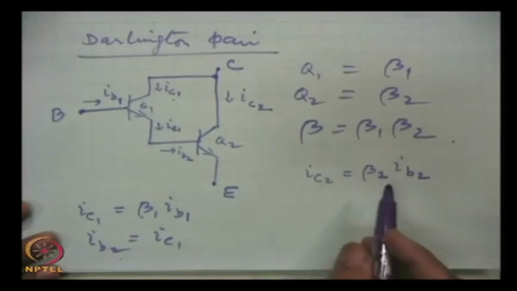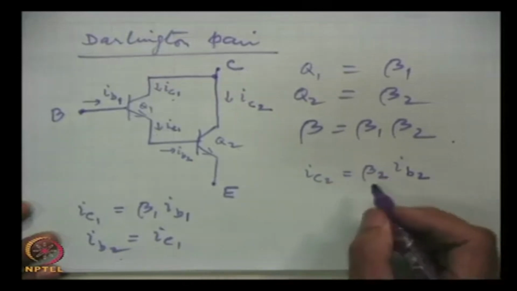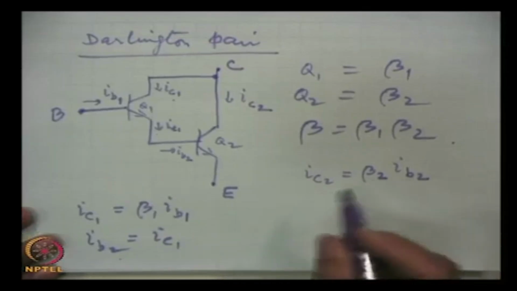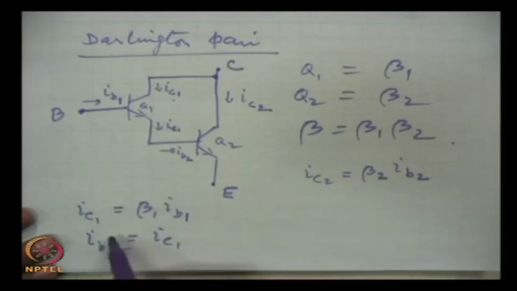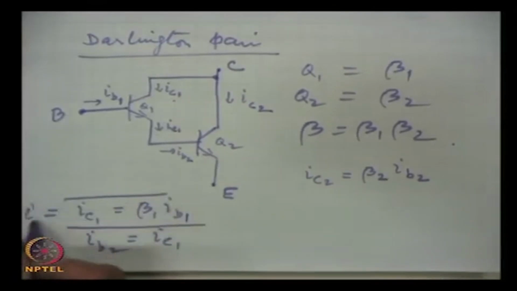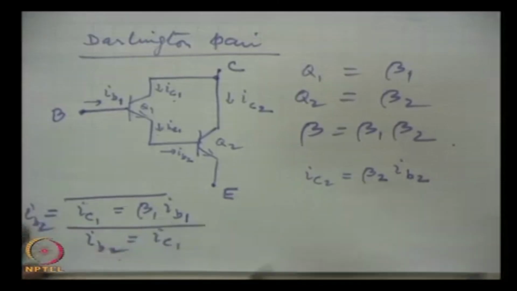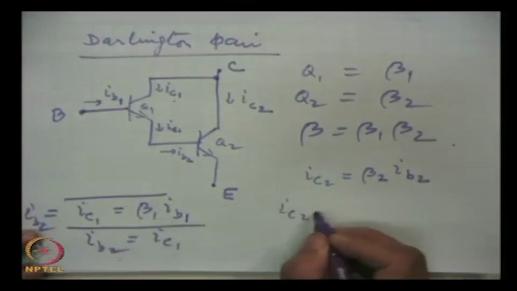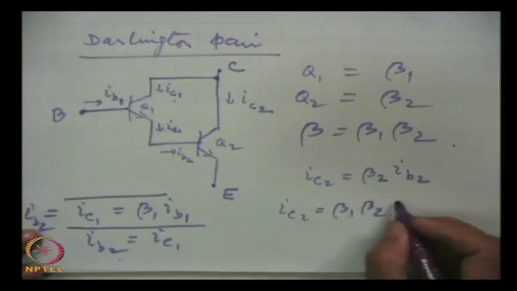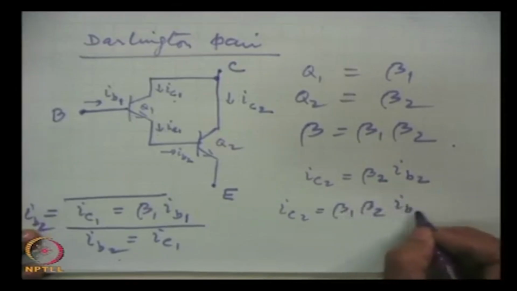Substituting, IC2 becomes beta 1 beta 2 into IB1.